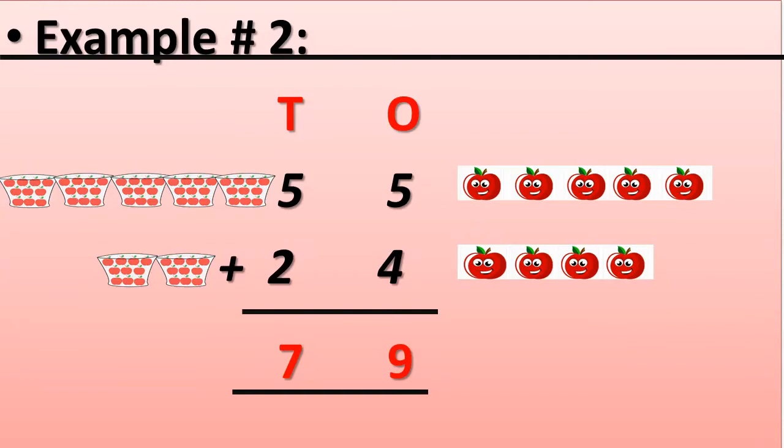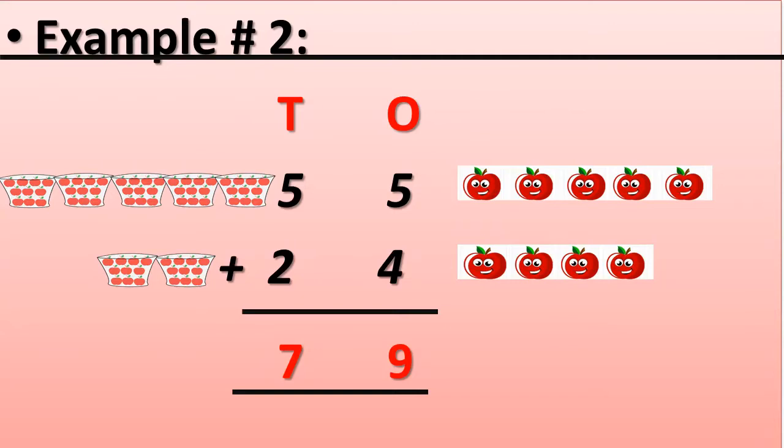Now let's move on to the next example in which we will add 24 into 55. Here also we have ones and tens columns. Which column we will add first? Yes, we will add ones column first, in which we will add 4 into 5. Let's add.